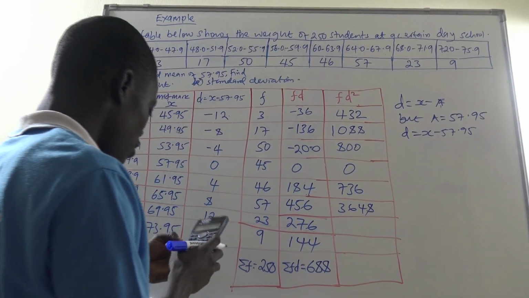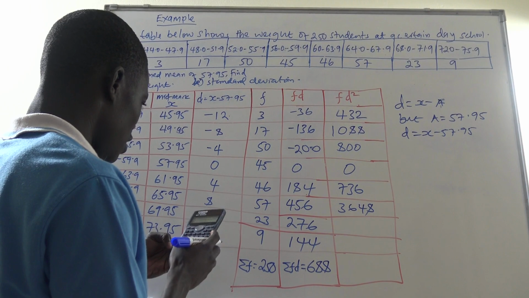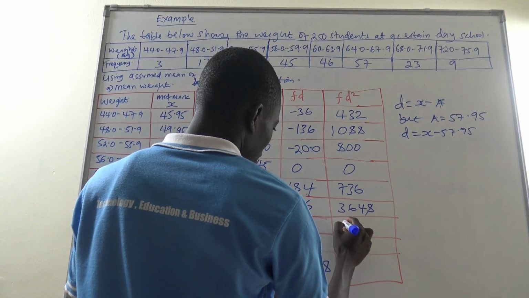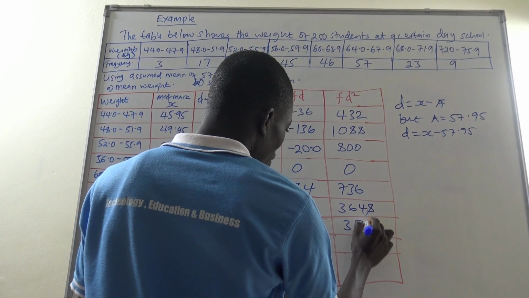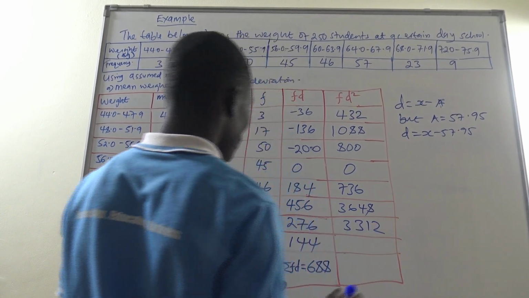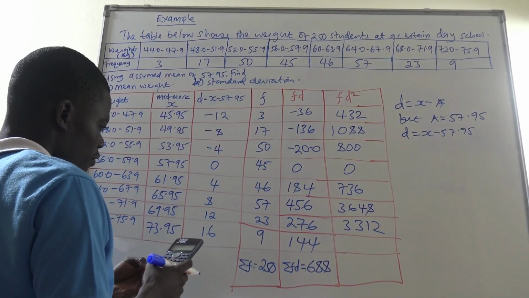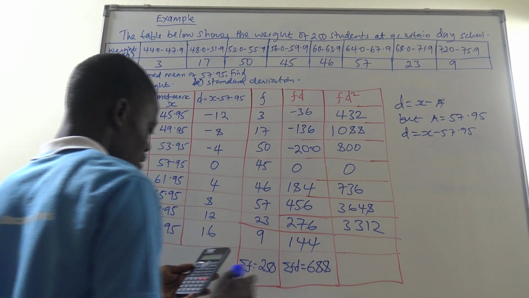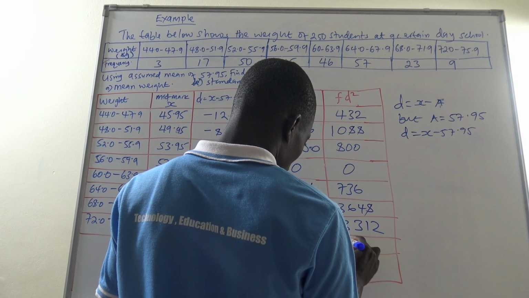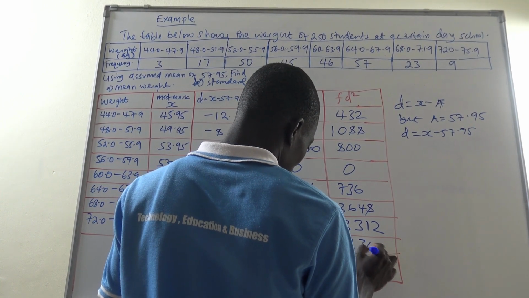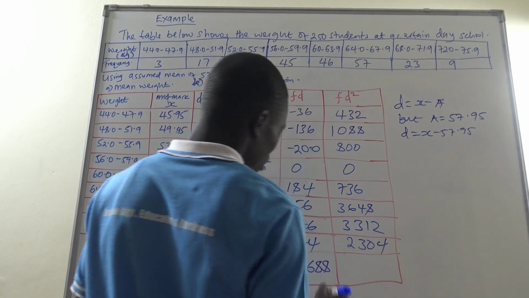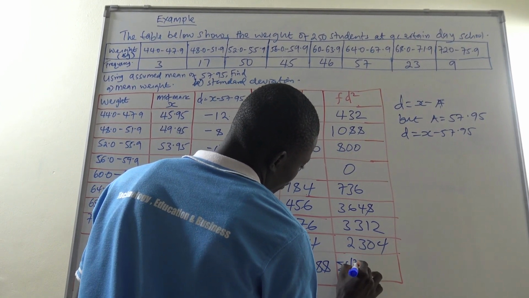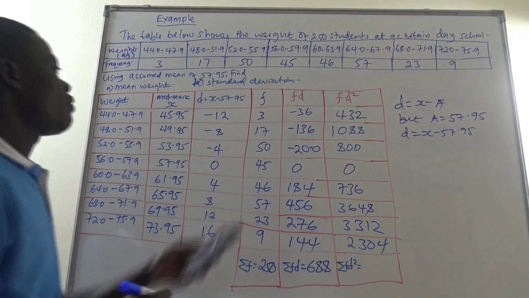And we have 12 squared times 23, that is 3312. Then we have 16 squared times 9, so we have 2304.